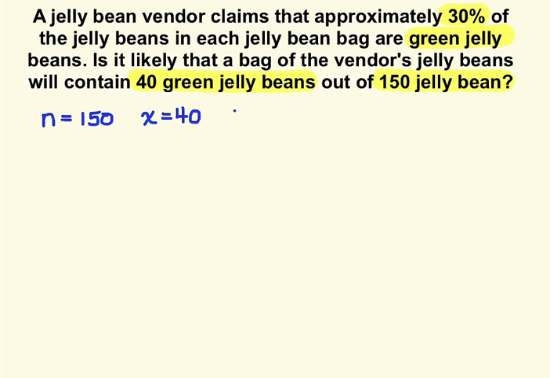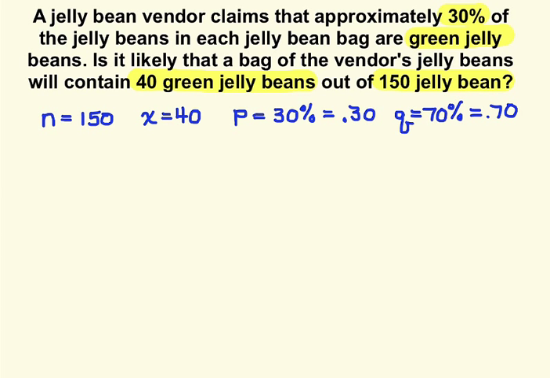So what is the probability of getting a green jelly bean, which is a success, P? It's 30%. And the way we write 30% here is 0.30. So the probability of not getting a green jelly bean, which is a failure, would be the remaining 70%, which we write as 0.70.